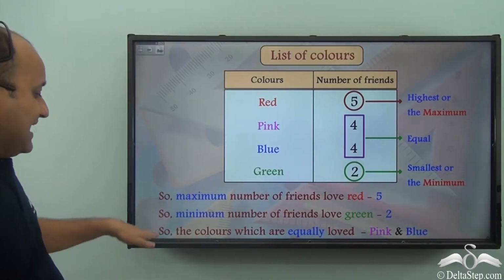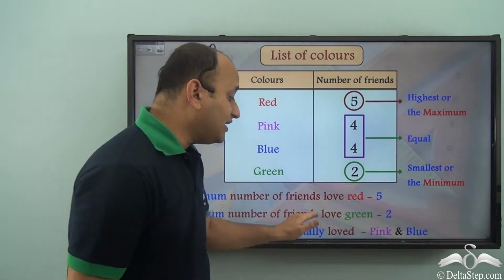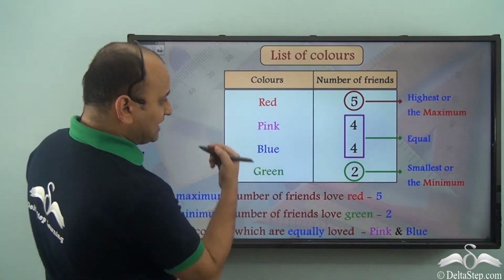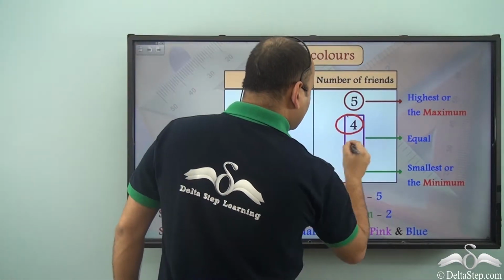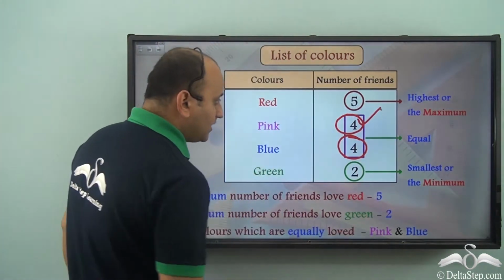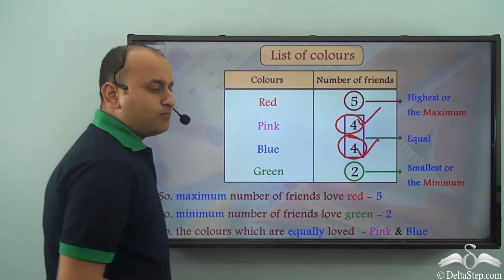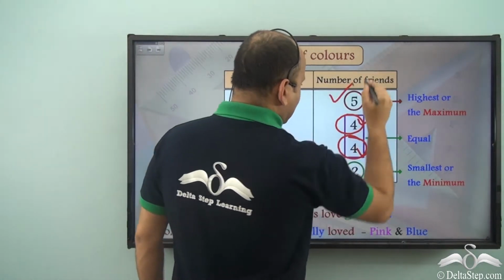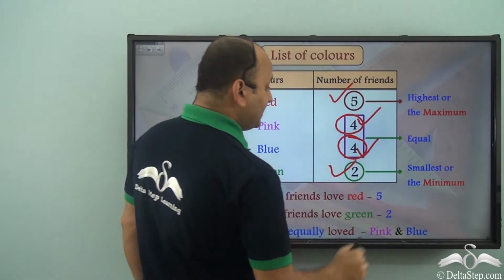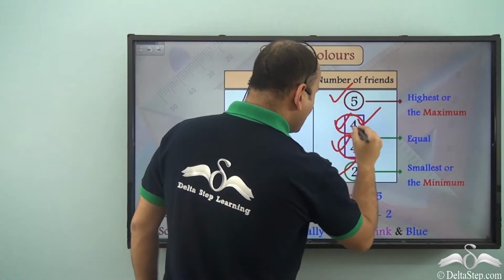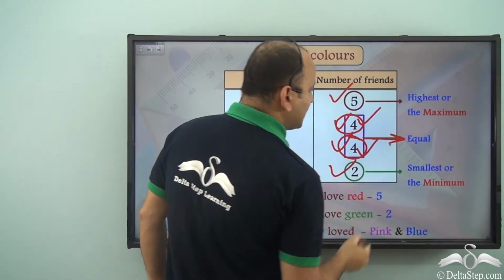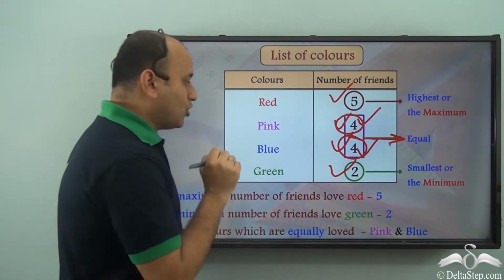Well, we say that the colors which are equally loved are pink and blue. That is, 4 of them like pink and 4 of them like blue. So 5 is maximum, 2 is minimum in this list, and for pink and blue you have an equal number of people liking both these colors.